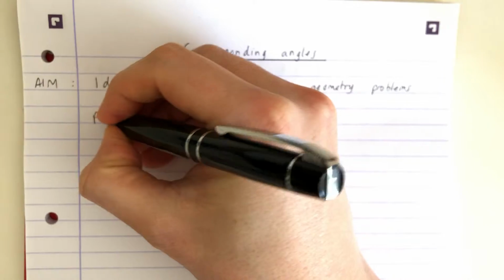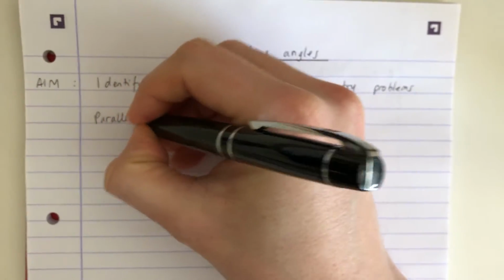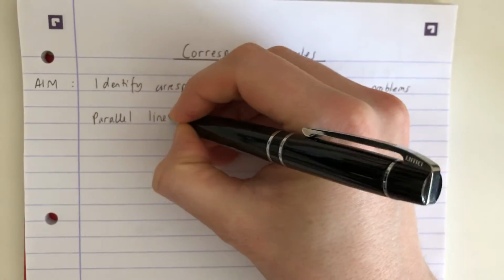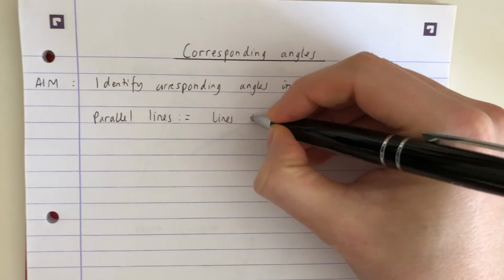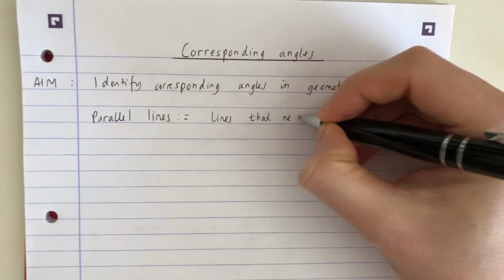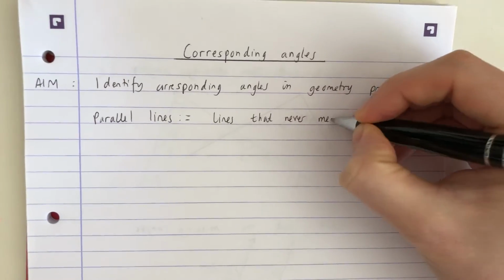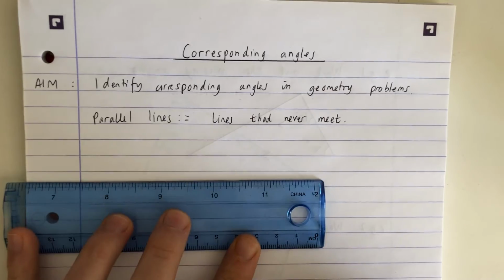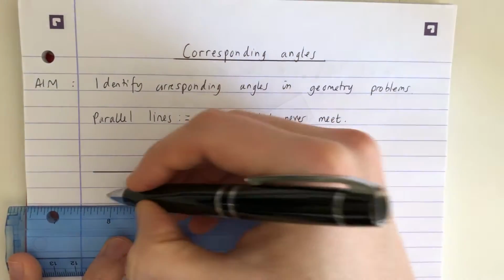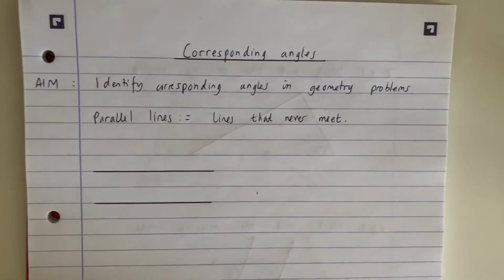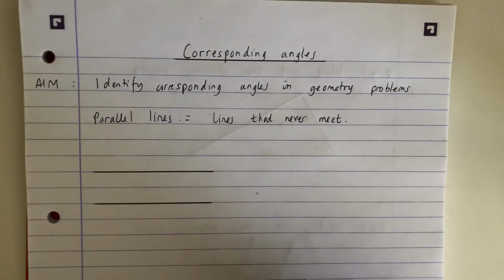Now, first thing I want to define is what a pair of parallel lines is. So parallel lines are lines that never meet. So for example, if I drew in two lines like so, those would be parallel lines.